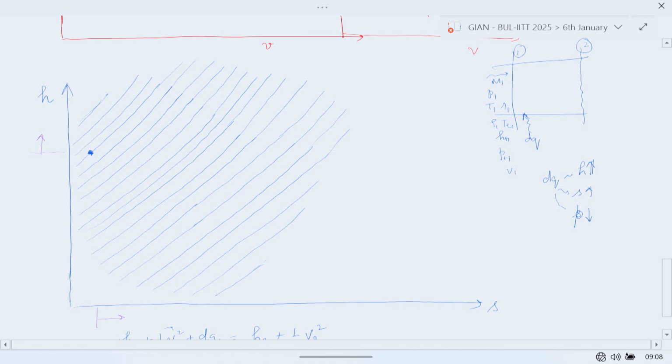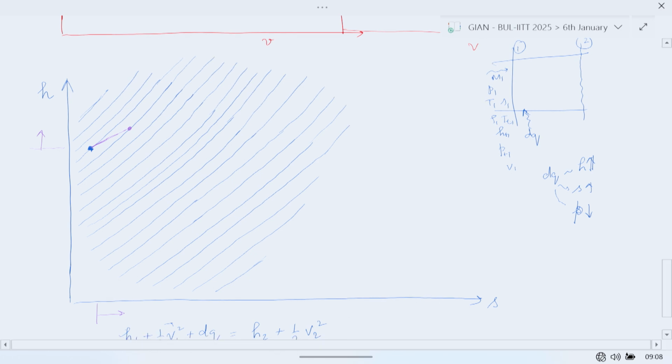So my next point will be somewhere here. Understood? So that is what we see here. The addition of heat will cause the enthalpy to increase, static pressure to decrease, entropy to increase. So if I continue to heat it, this is what I will see.